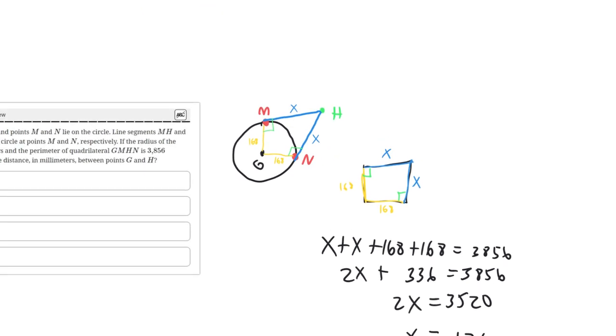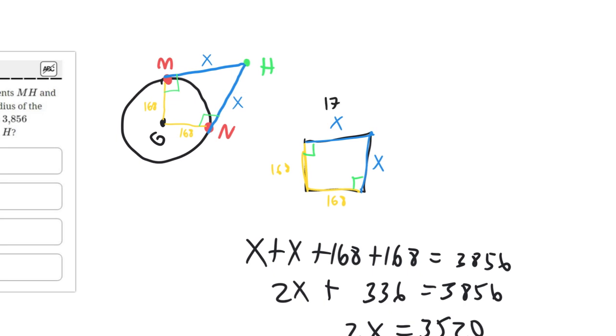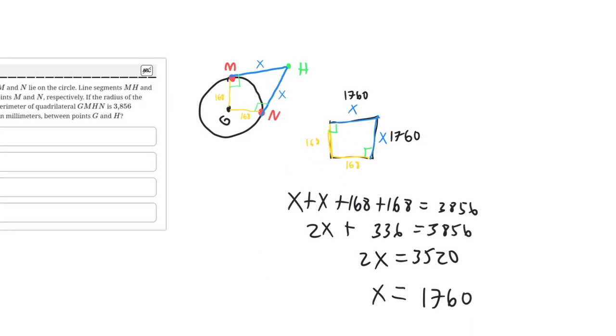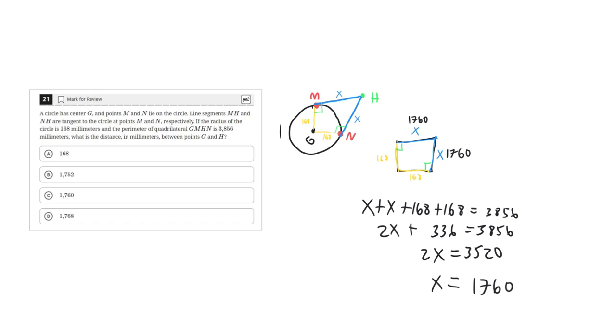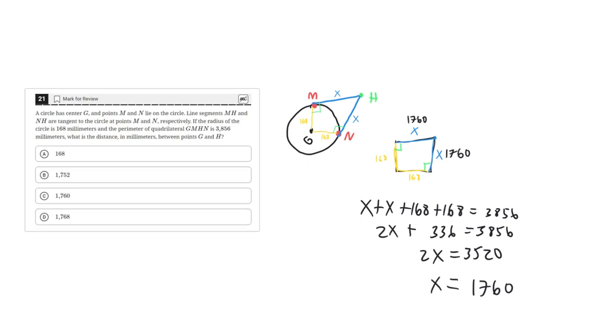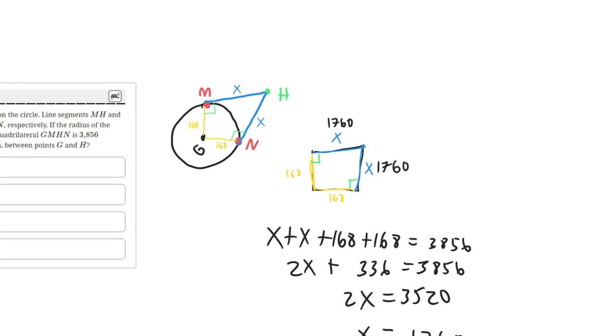So we know that that's 1760, and that's also 1760. And they want to know what is the distance in millimeters between G and H. So ultimately, they want to know this distance, because this is G, this is M, this is H, and that's N.